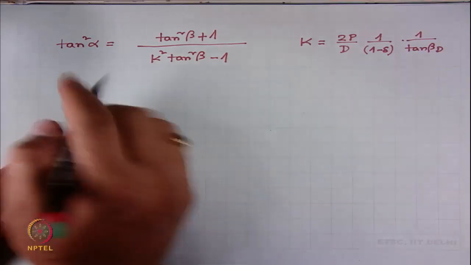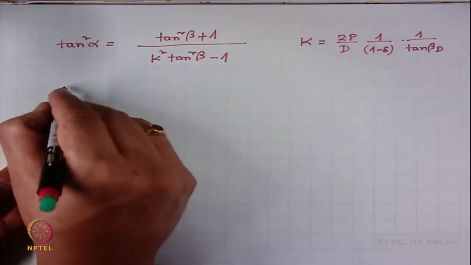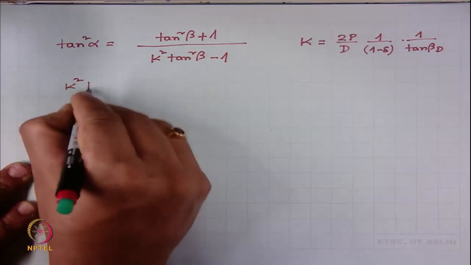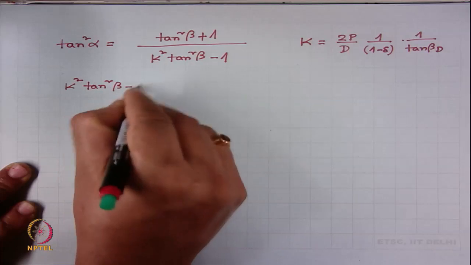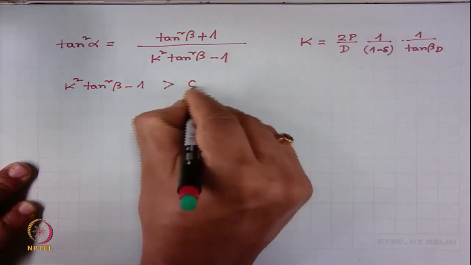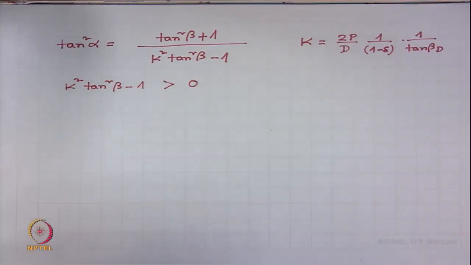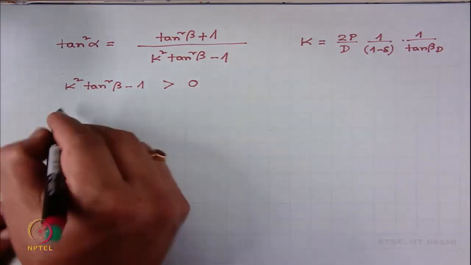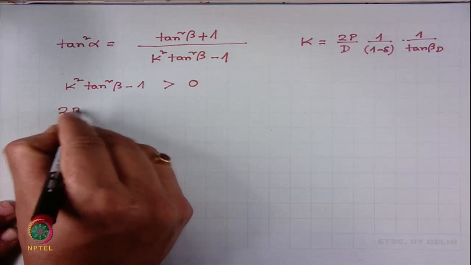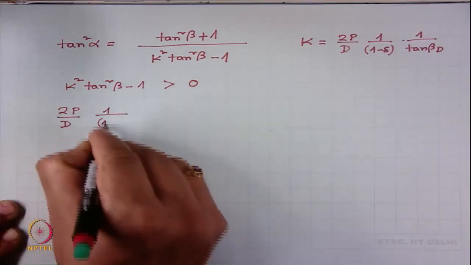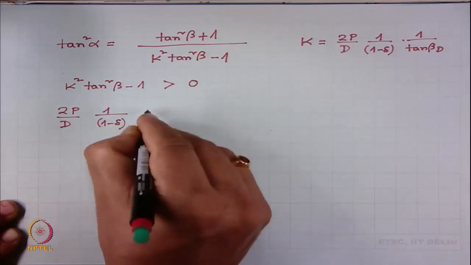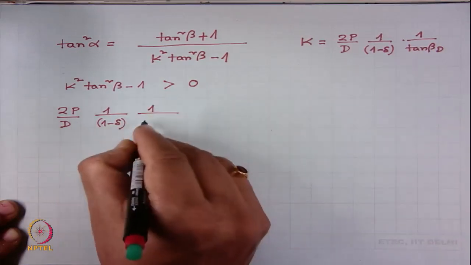So, k square tan square beta minus 1 must be greater than 0. What is k? 2p by d, 1 by 1 minus retraction, 1 by tangent of beta d.